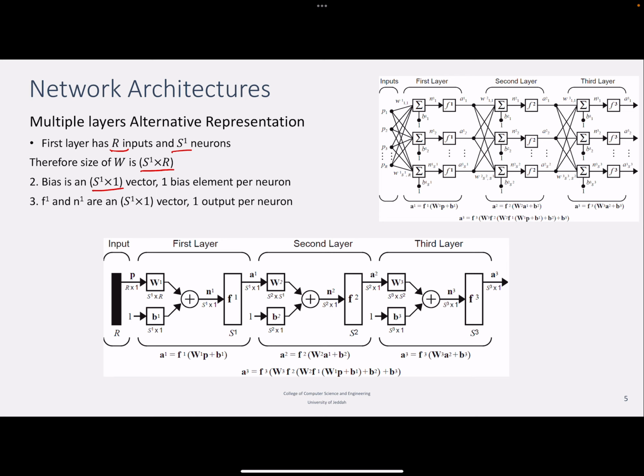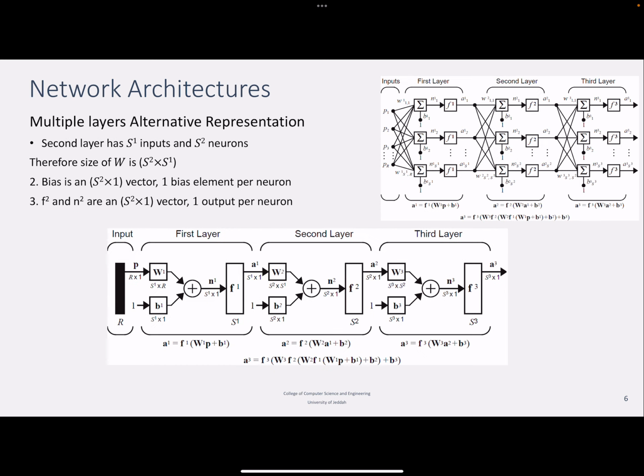Similarly, the intermediate output N1 of the first layer that you see over here, and the output from the activation function of the first layer, F1, will both have the same dimensions, S1 by 1. And just like that, the output of the first layer, denoted by A1, will share the same dimension, which will then, of course, serve as the input to the second layer.